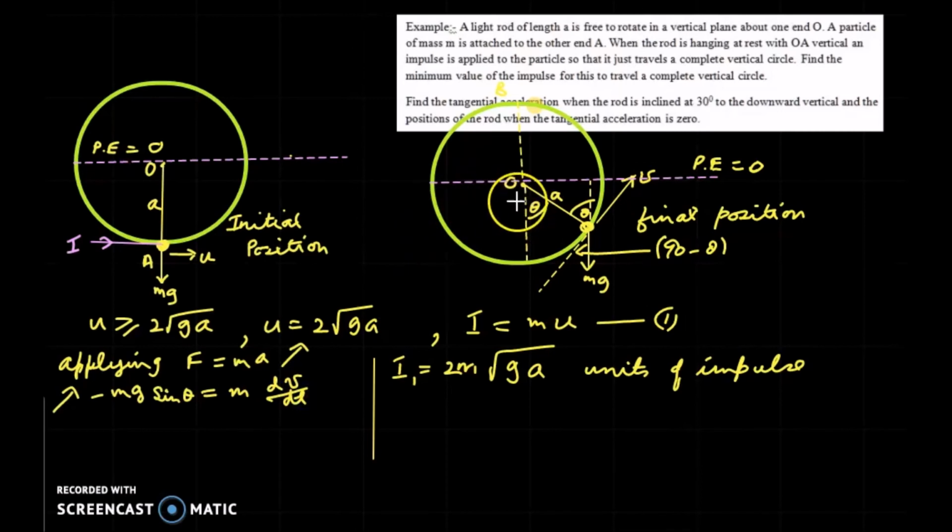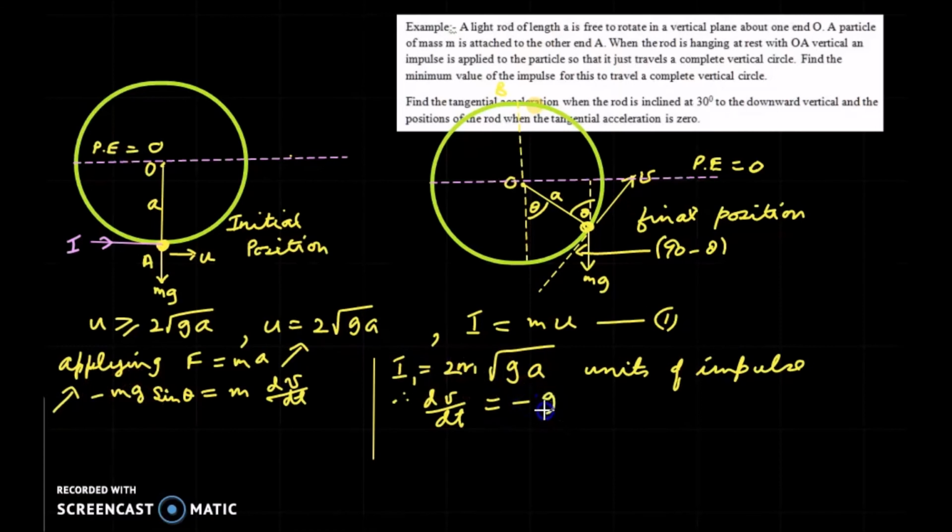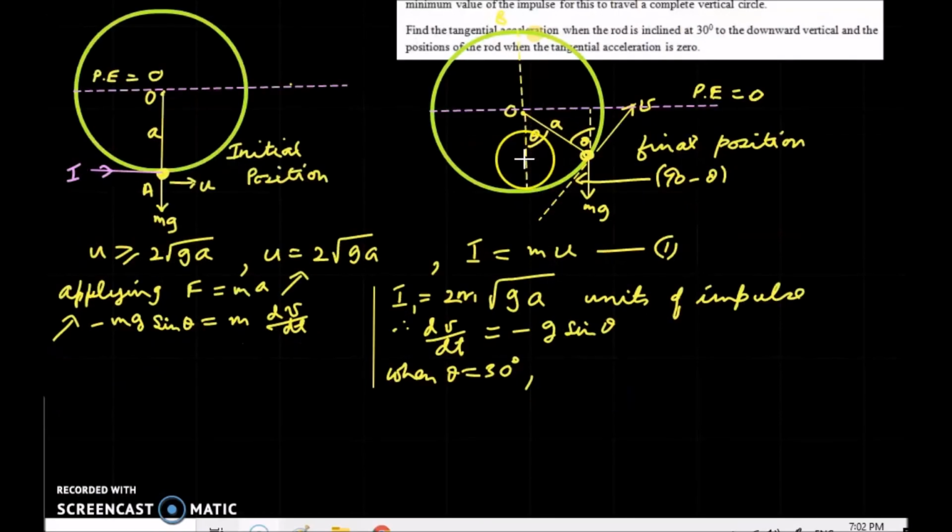This diagram I had drawn is after the time t. The acceleration along that direction is the tangential acceleration, dv by dt. Therefore, dv by dt equals minus g sine theta, as m cancels out. Now, when theta equals 30, dv by dt equals minus g sine 30.